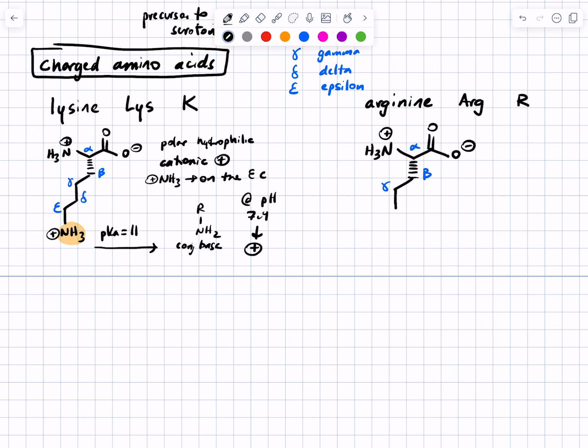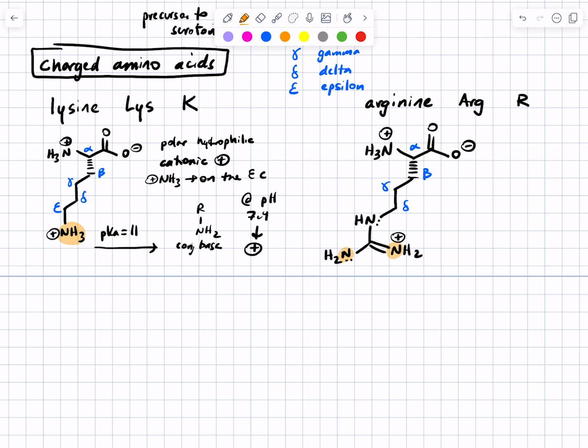and then attached to the delta carbon, you have a nitrogen, but it's not just a nitrogen, it's a nitrogen that's bonded to all of this, with a positive formal charge on this nitrogen, but which could be delocalized on each of these other nitrogens via resonance.